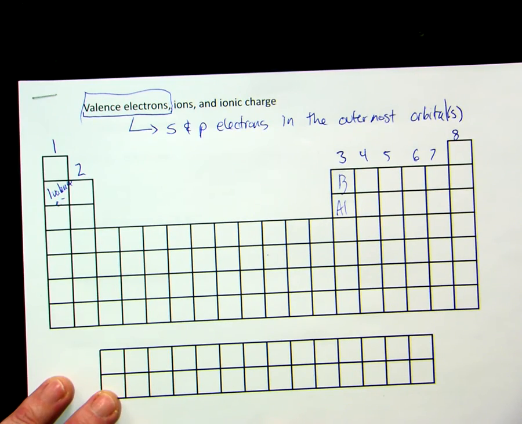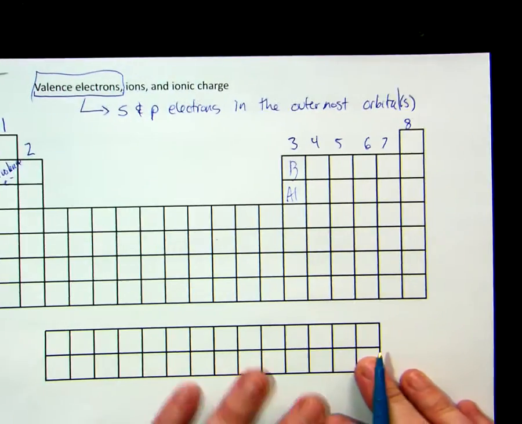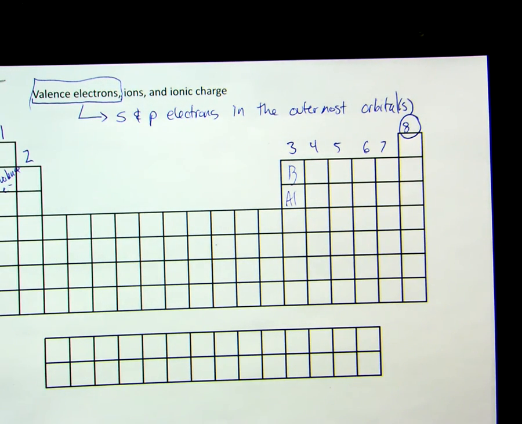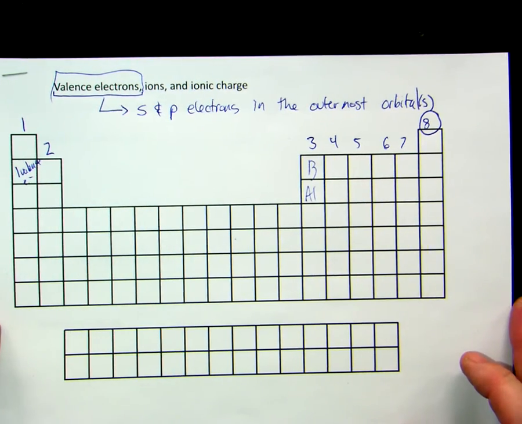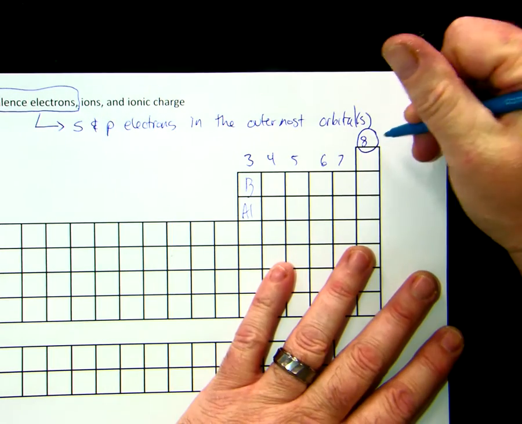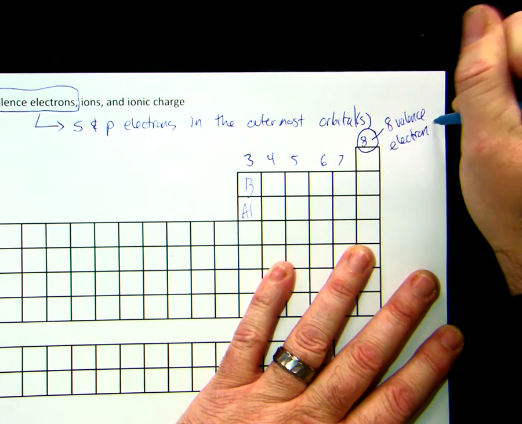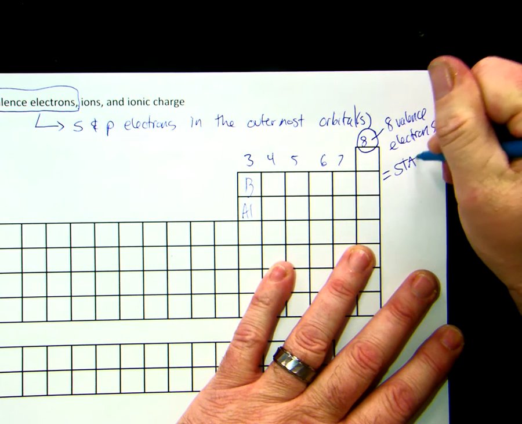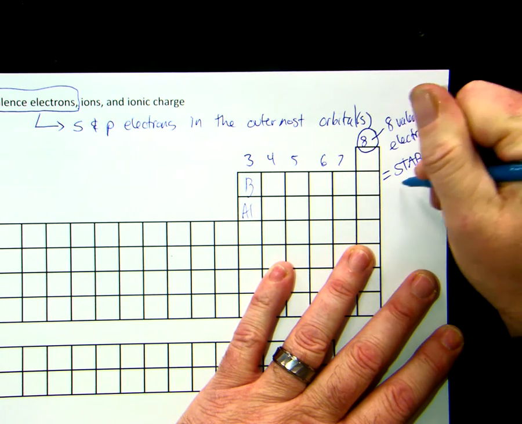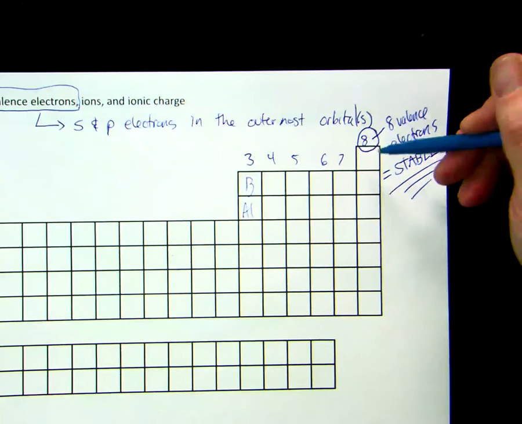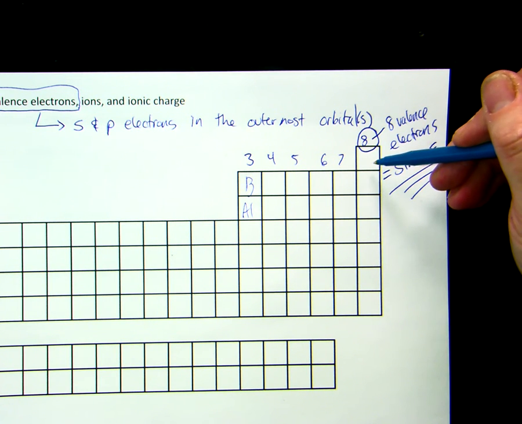Now, what's important about valence electrons is that elements are trying to get 8 valence electrons. That's the number elements are trying to obtain because that is stable. So 8 valence electrons equals stability. Every single element wants to have 8 and be just like a noble gas. The noble gases used to be called inert gases because they didn't react very well, since they had all the electrons they needed.